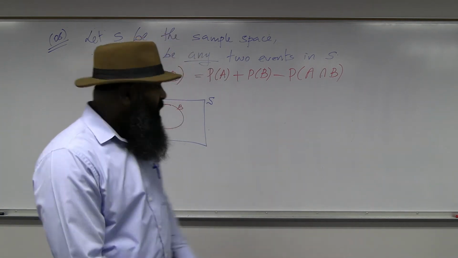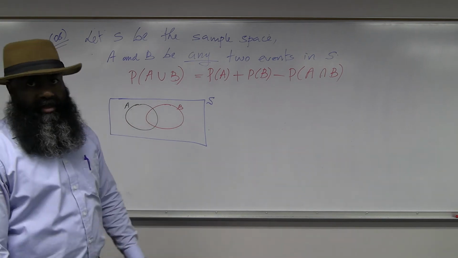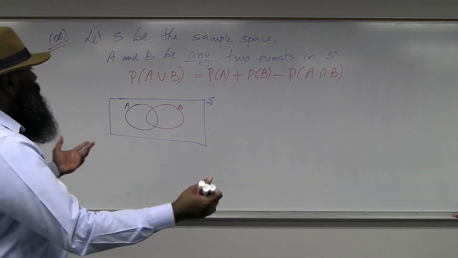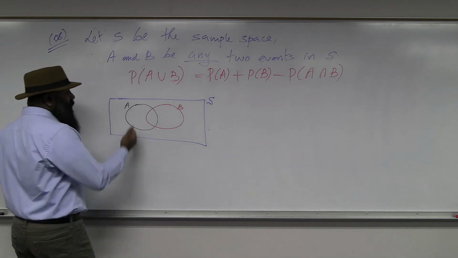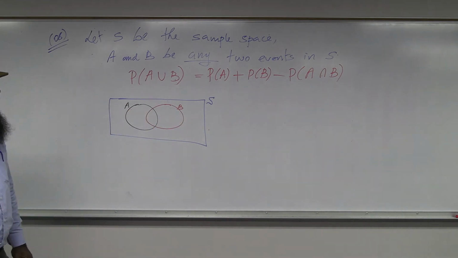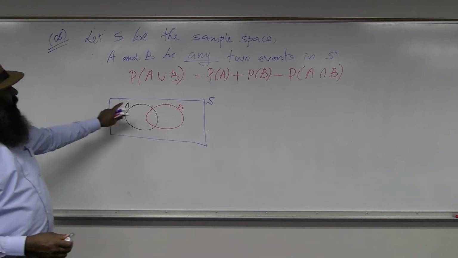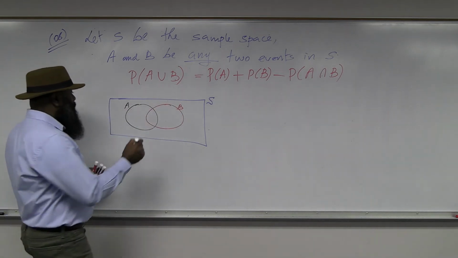So this is the most general case you will almost always have to deal with. Okay? Now I need the probability of A union B. A union B means everything. Well, how can I find the probability of A union B? All of these.